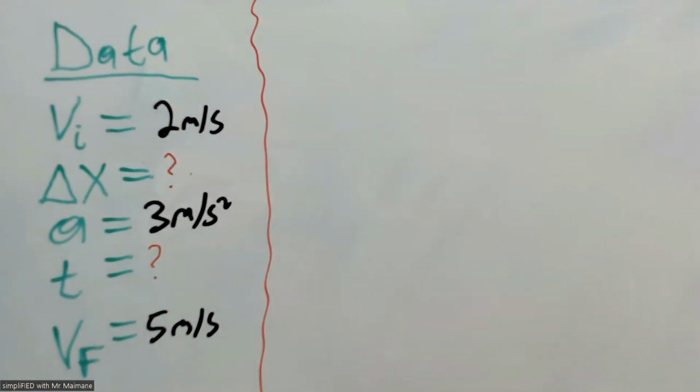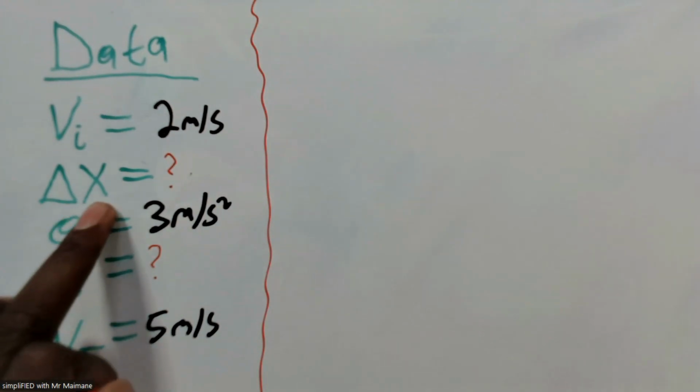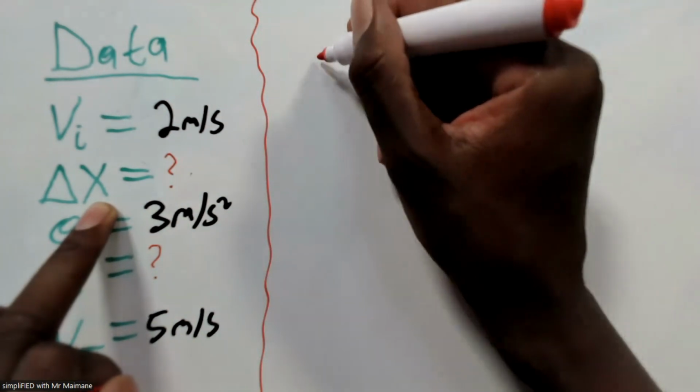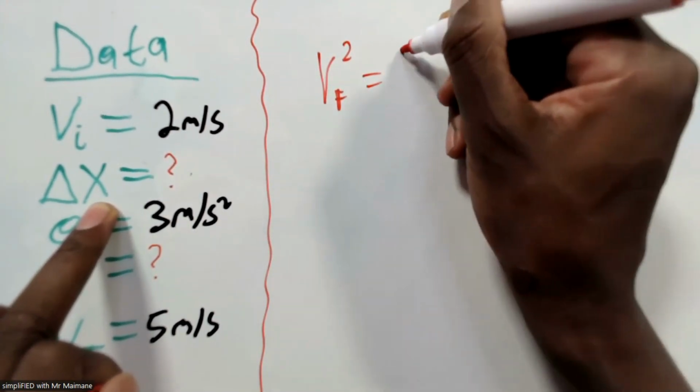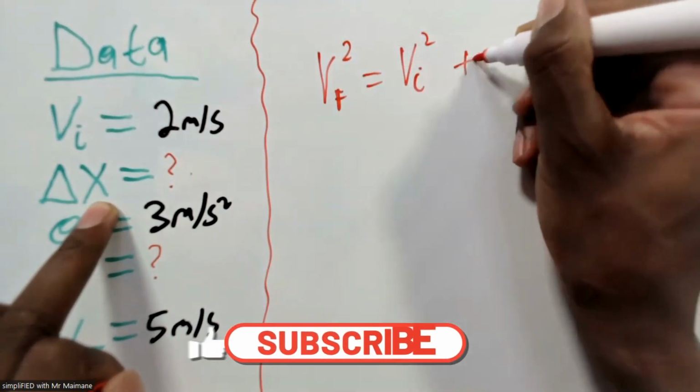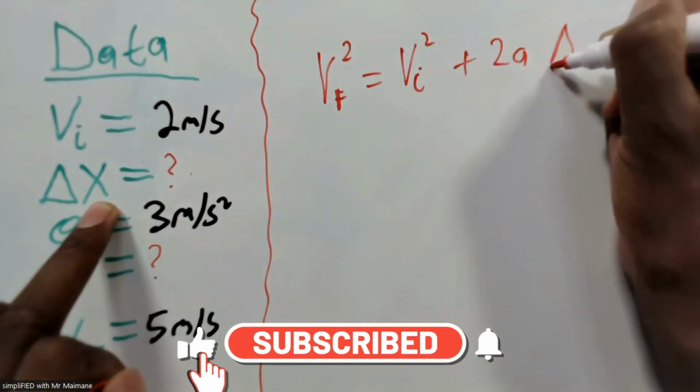If I decide to calculate the change in distance first, obviously I don't know the time, so I choose Vf squared equals V initial squared plus 2a change in x.